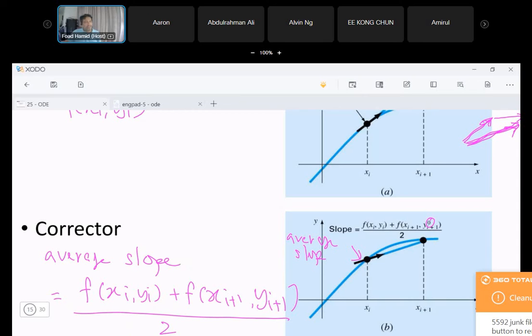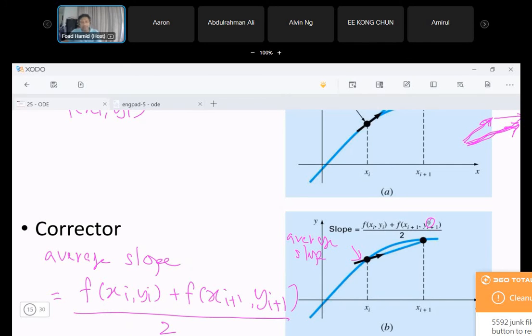So I hope you can see that my point here is to show you there are two ways of improving our approximation. If you recall earlier, I said the first thing in numerical methods is to estimate. The second step is to improve the estimates. So for Euler's method, there are two ways to improve. One is to reduce h, reduce the step size, and the next one is to improve the slope estimation.